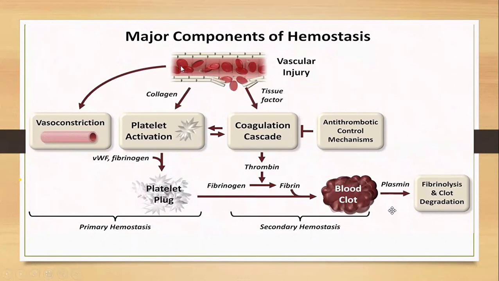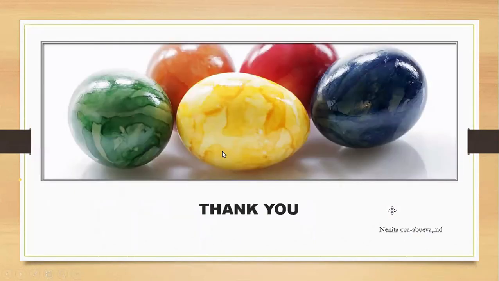The injured area becomes rough and the glycocalyx is lost. So some of the elements passing through will stick to this, and then you start the clotting mechanism.